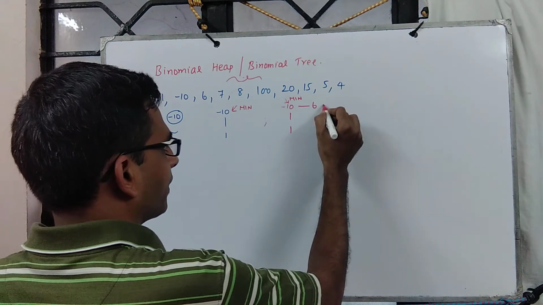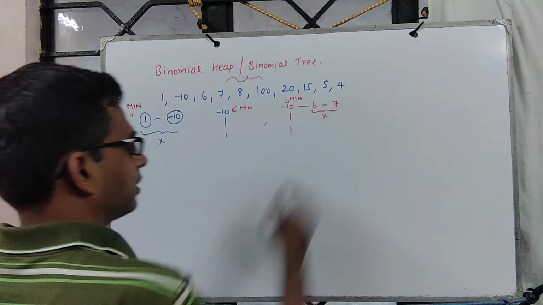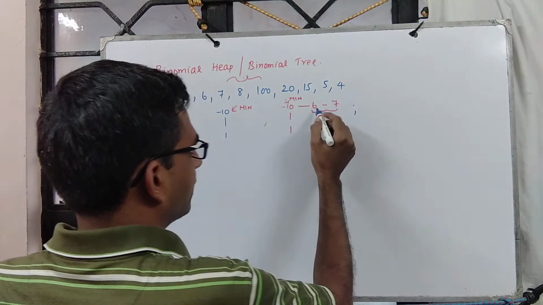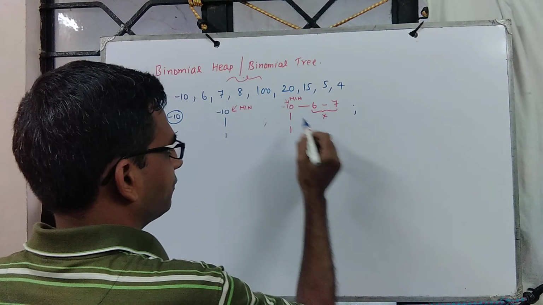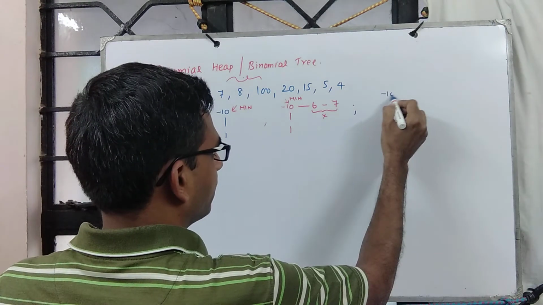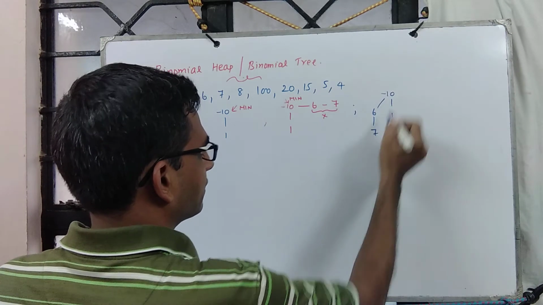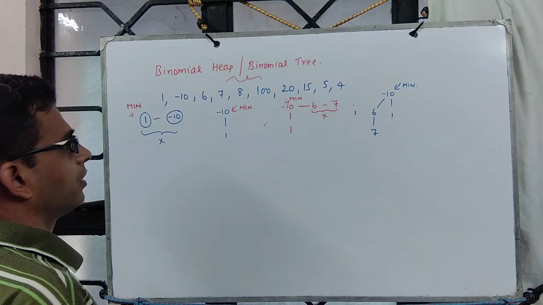Next insert 7, so this is not allowed, so go for merge and we create 6 and 7. Subsequently you see 2 copies of B1, so we retain only 1, so we get -10, 1 and 6, 7. Min is still pointing to this.